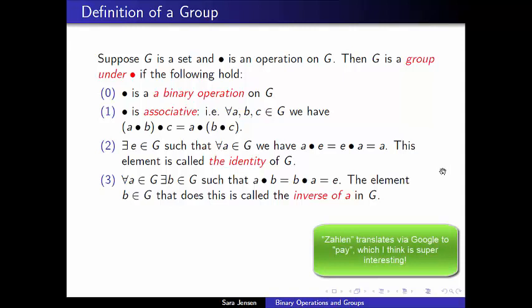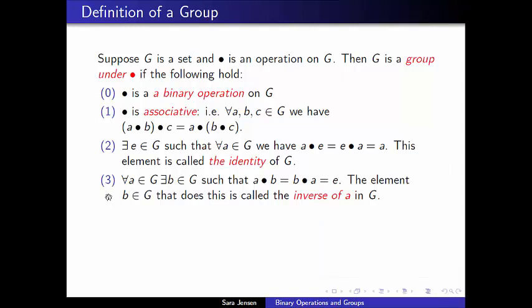Moving on, the last criteria in order for our set G to form a group under the dot operation is that for all elements A in the group, there exists an element B in the group so that A dot B is equal to B dot A, both of which are equal to this special identity element E. For a given A, the element B that works in this special manner is called the inverse of A in G. So there you have it.